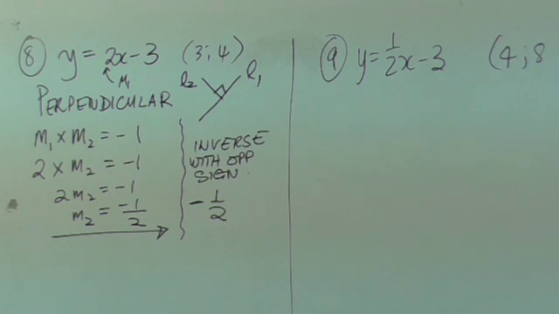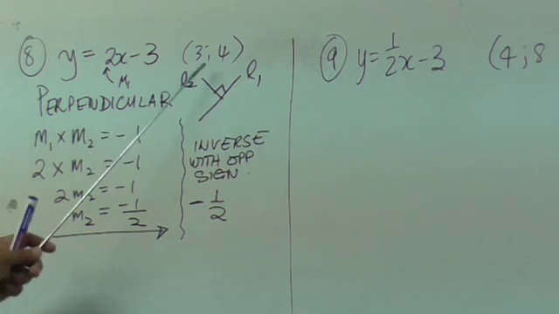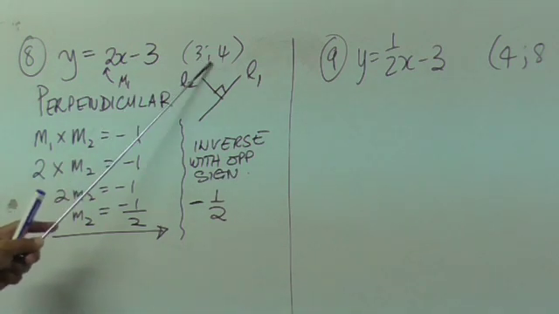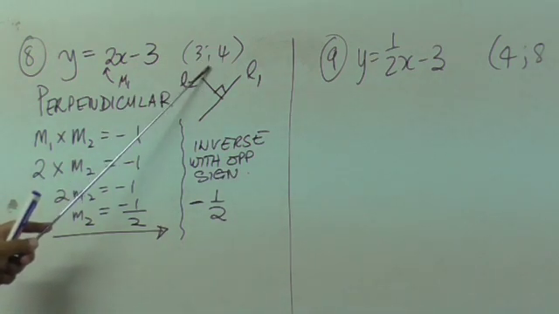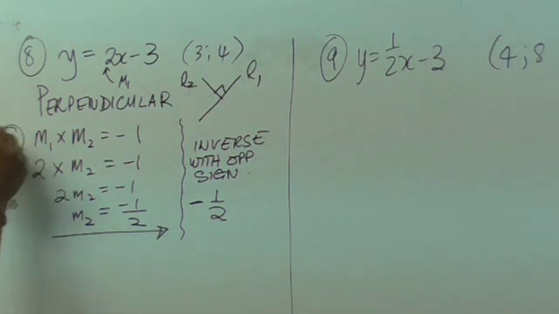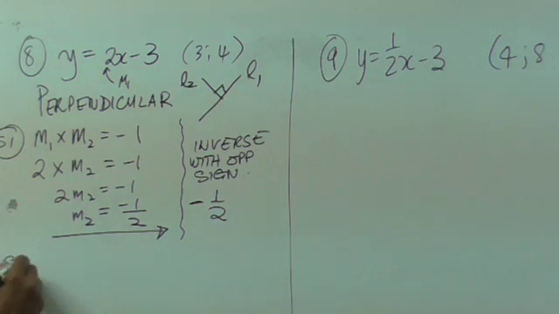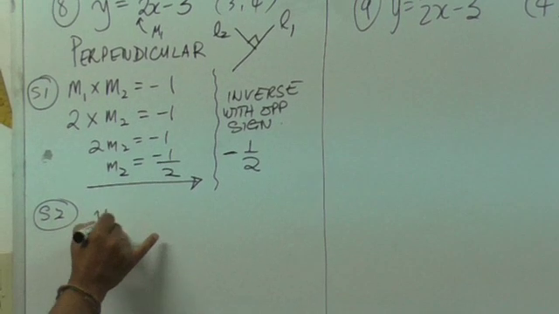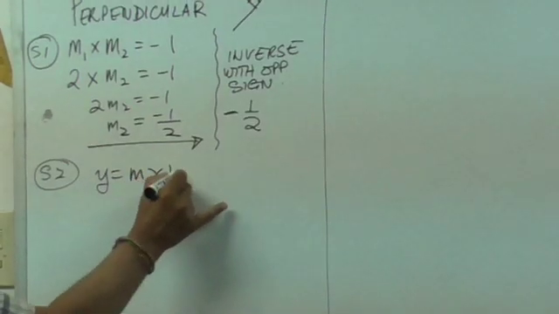Alright, so we have M. Now it passes through (3, 4). In other words, the y-intercept is not given, you have to calculate it. So this was actually step 1. We found the M. Now step 2, we want to find the y-intercept. So you take y is equal to mx plus c.